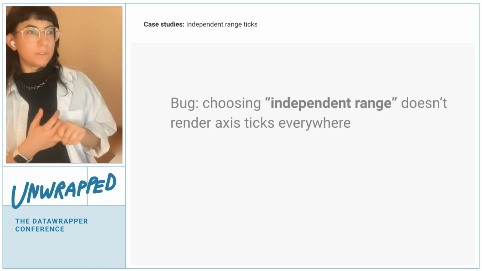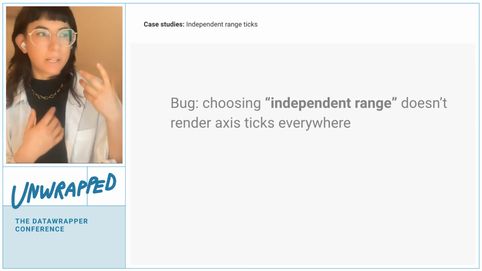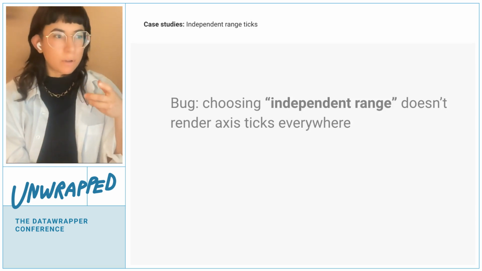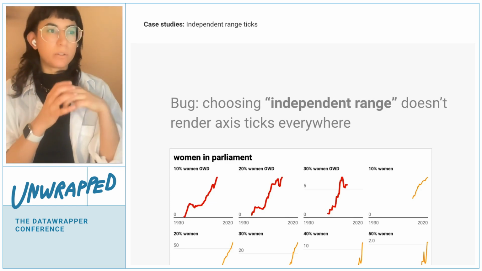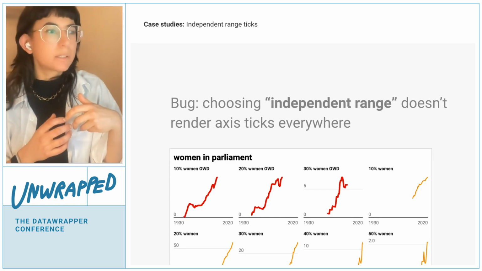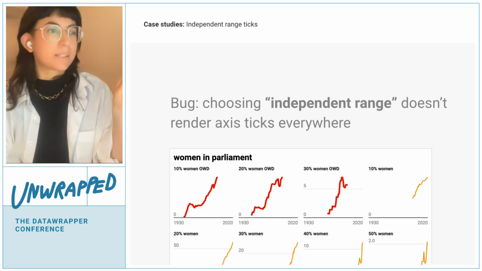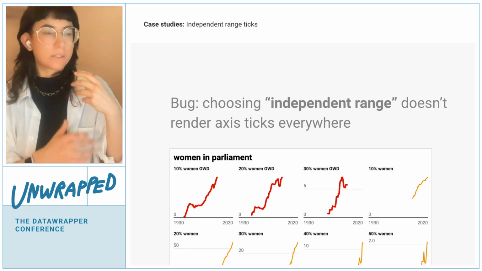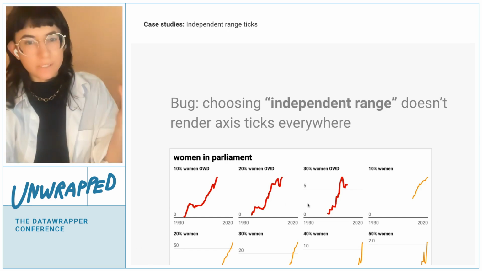So I just want to share a few short case studies from that round of feedback. One relates to this independent range feature that I spoke about before. It was noticed that when you had the independent ranges option enabled, sometimes some panels would not have a second grid line, so you'd have zero context on the actual magnitude. That's obviously a big problem.